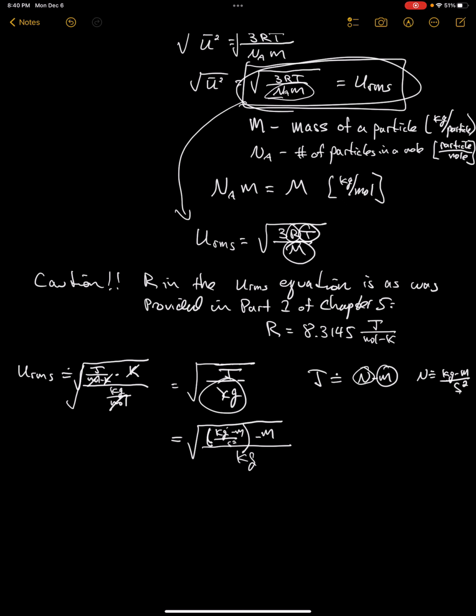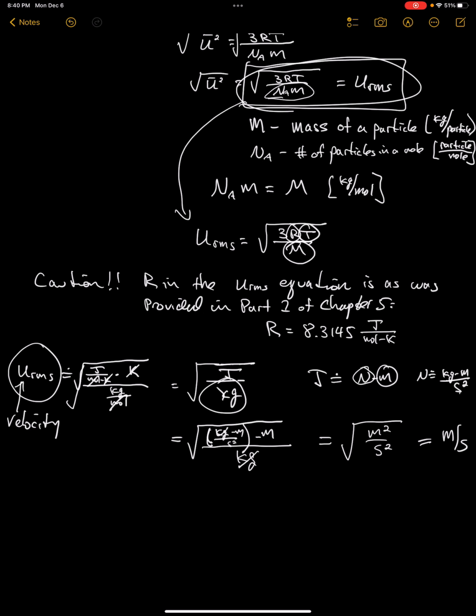And so my kilograms cancel, and I'm left with units of meter squared per second squared, which when I take the square root is just meters per second. And remember, this is velocity, which has units of meters per second.